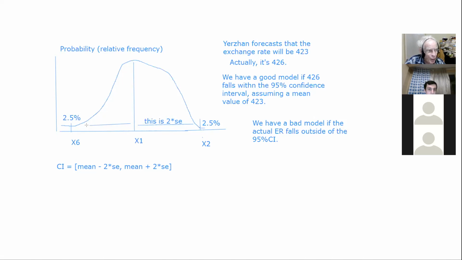This range here between X1 and X6, the distribution, amounts again to 2 times the standard error. So there is the justification for using 2 times the standard error to measure the fluctuation from the mean of X.